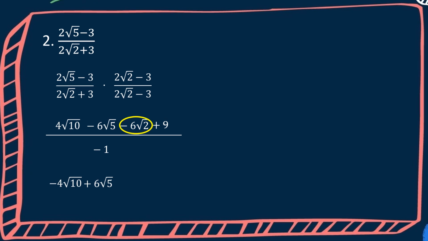Negative 6 square root of 2 divided by negative 1 is equal to positive 6 square root of 2. And positive 9 divided by negative 1 is equal to negative 9. So the simplified form of the given expression is negative 4 square root of 10 plus 6 square root of 5 plus 6 square root of 2 minus 9.